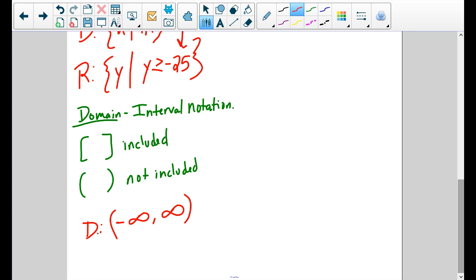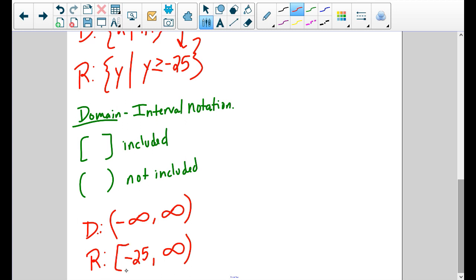Now my range. In this case, we have y greater than or equal to negative 25. I'm starting at negative 25, and I'm going up forever, all the way up to infinity. Again, infinity is not included. Is negative 25 included? Yes.